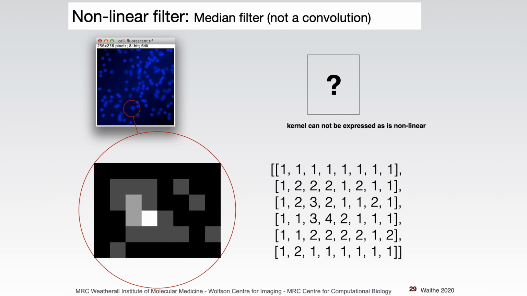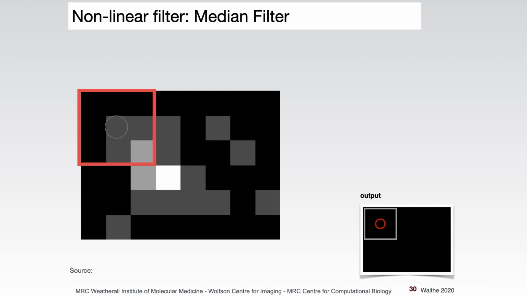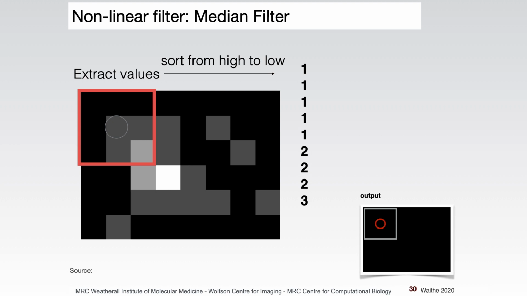So for this example, this is our image, an array of numbers as normal. What we're going to do is a median filter. We start in this location and extract the values: 1, 1, 1, 1, 1, 2, 2, 2, 3, sorted from low to high in this case.